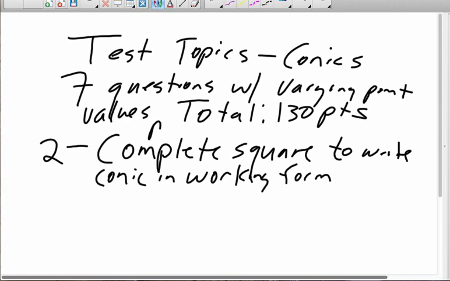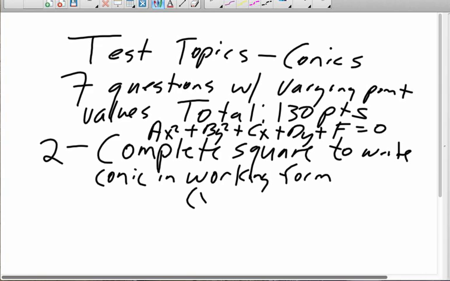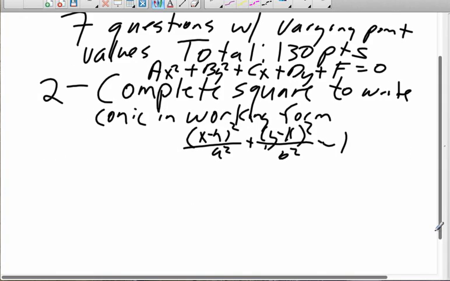Now they're going to give you something like ax squared plus by squared plus cx plus dy plus f equals 0. And you're going to need to get it into a form like (x minus h) squared over a squared plus (y minus k) squared over b squared equals 1 if it's an ellipse. Okay? So once you get it in working form, you need to identify the conic.